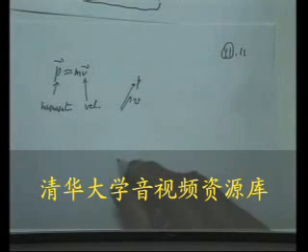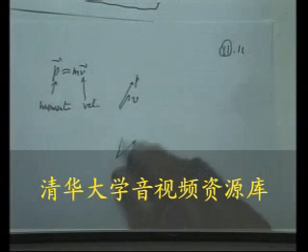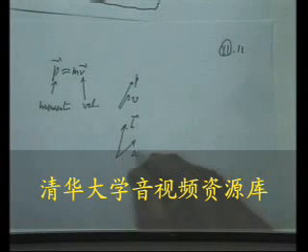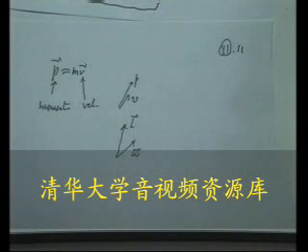Now we have omega. Omega is the generalization of V from linear to angular. But the strange thing is that omega and L are not necessarily parallel. They are only parallel to each other if I1 is equal to I2 is equal to I3.